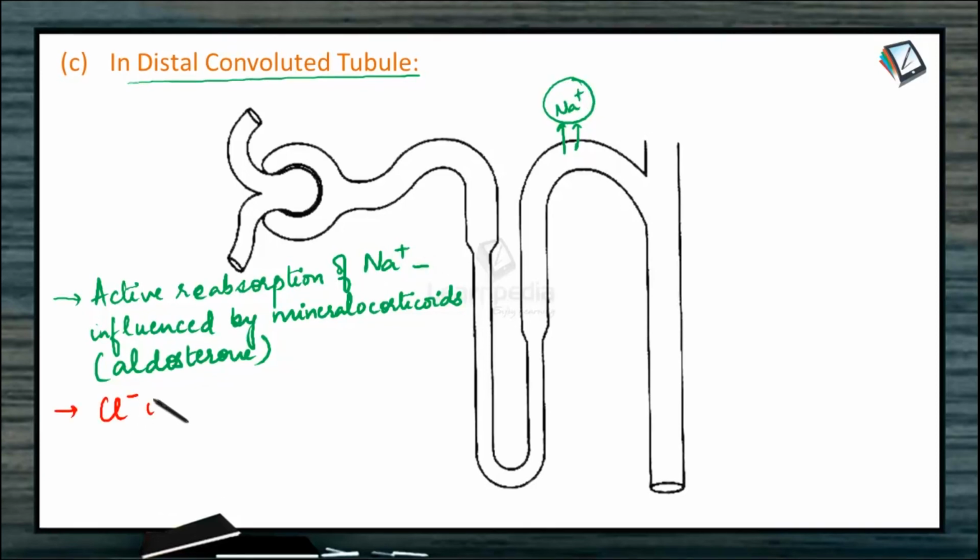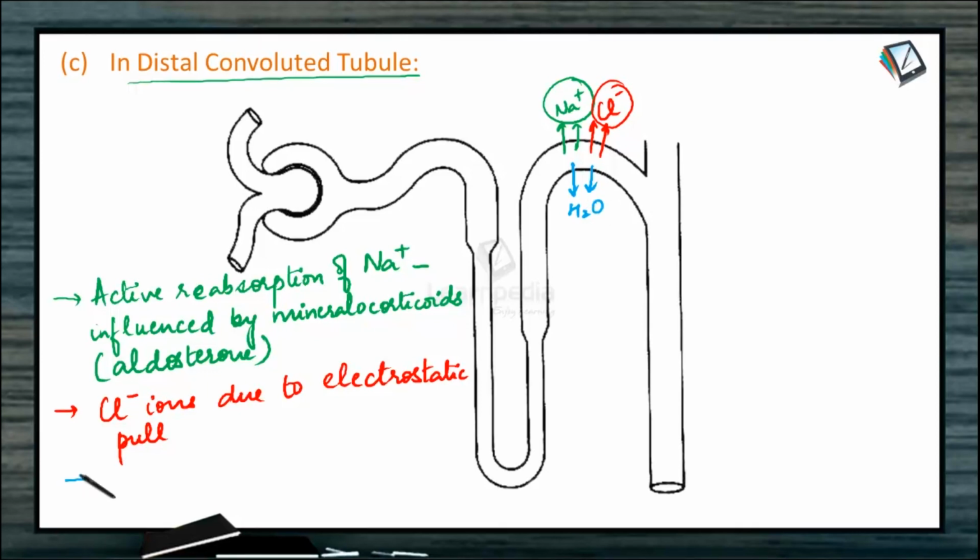Reabsorption of chloride ions also takes place due to electrostatic pull, so along with sodium ions, chloride ions are also reabsorbed into blood. About 10 to 15% of water is also reabsorbed passively to maintain the osmolarity.